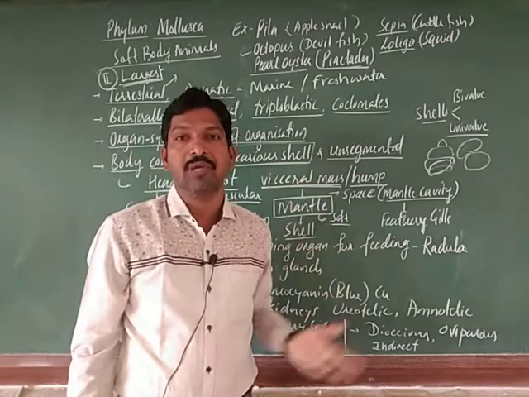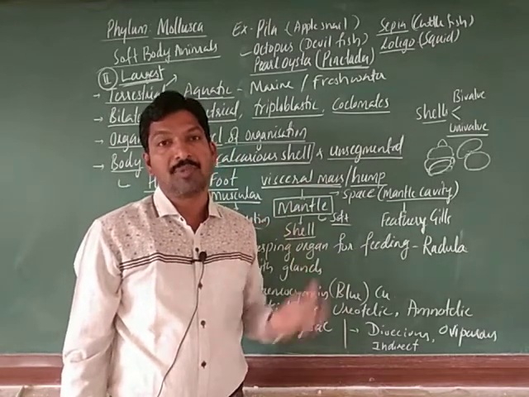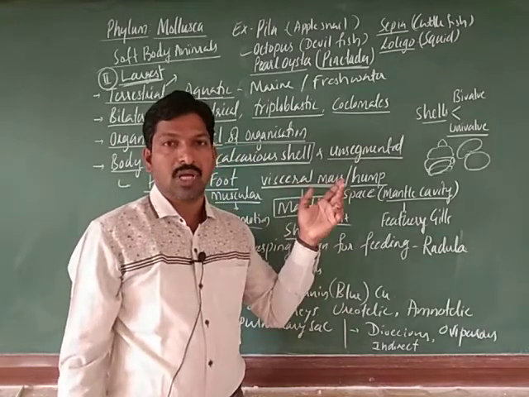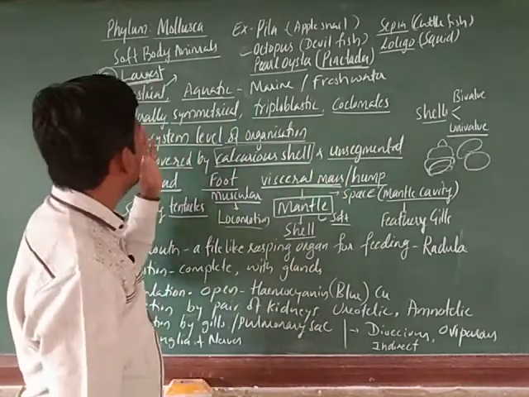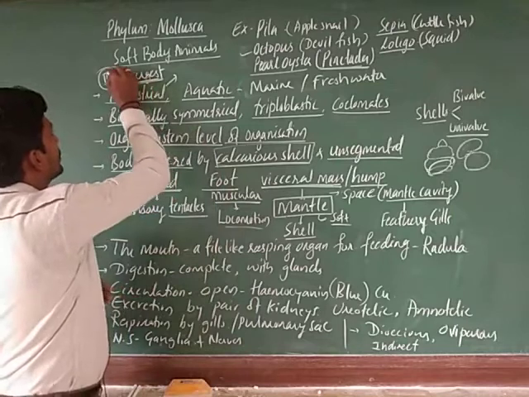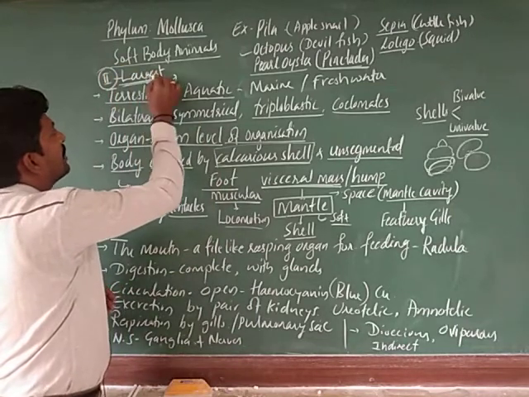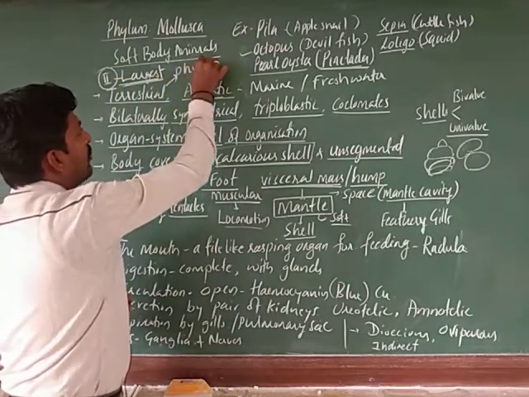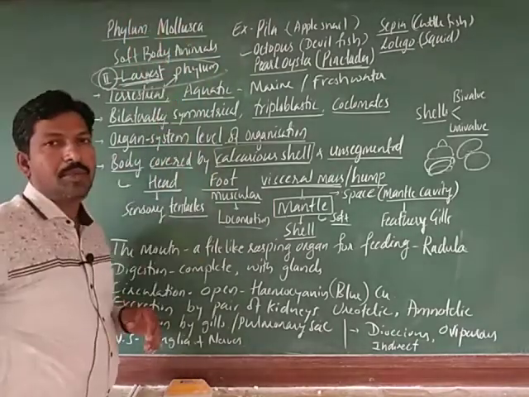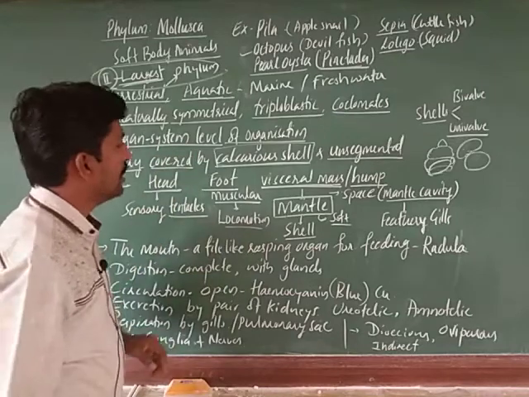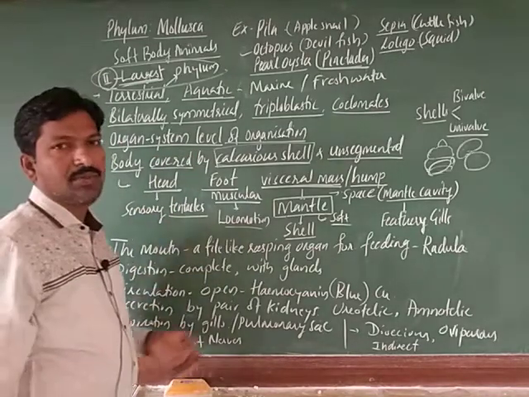In the whole animal kingdom the number of species is highest in Arthropoda, and the next place goes to this phylum. The second largest phylum is Mollusca. Remember this very important point. There are several species which we observe.